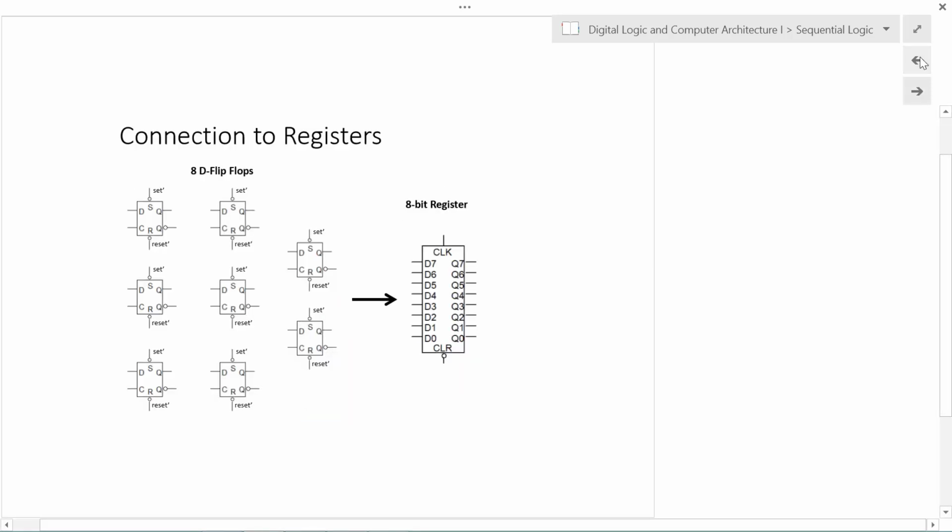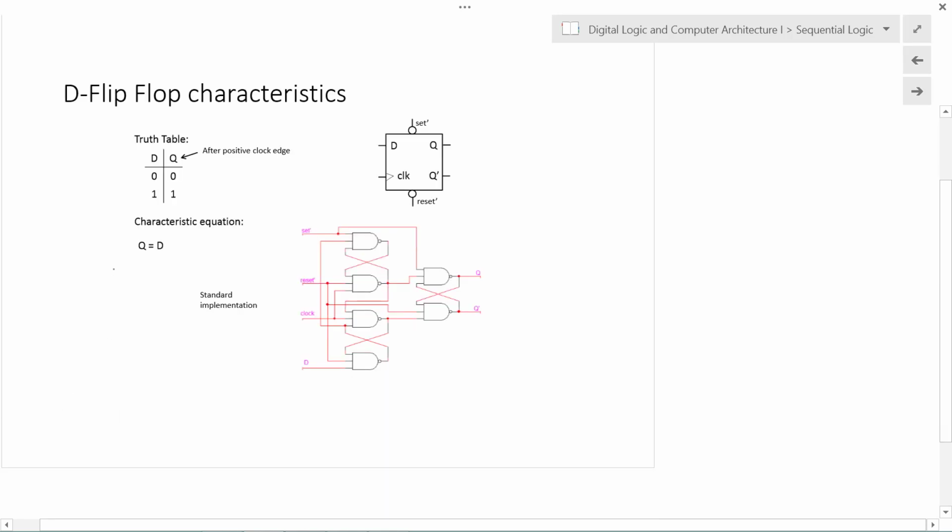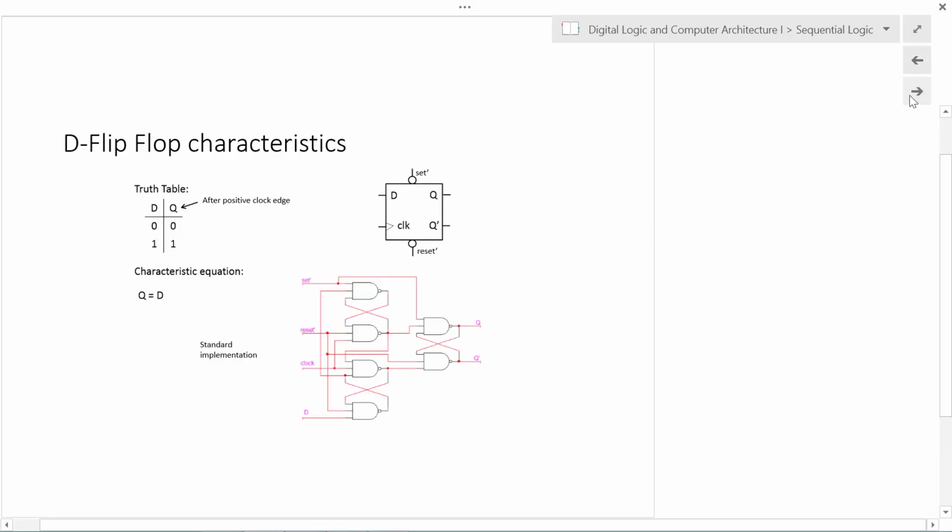So the D flip-flop characteristic table is defined here. Q relates to D at the rising clock edge.